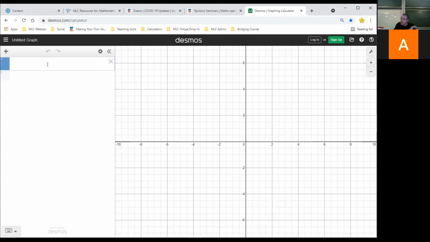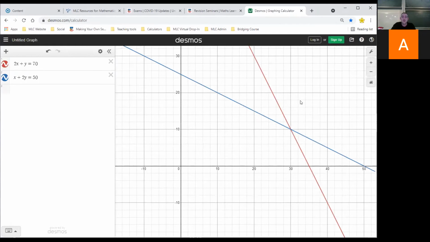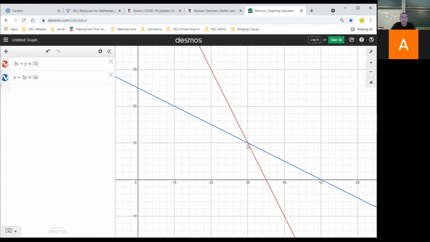I think it will allow me to use Q1 and Q2. No, it'll have to use X and Y. There they are. And that's at Q1 is 30 and Q2 is 10, where the two lines cross. Good thinking.